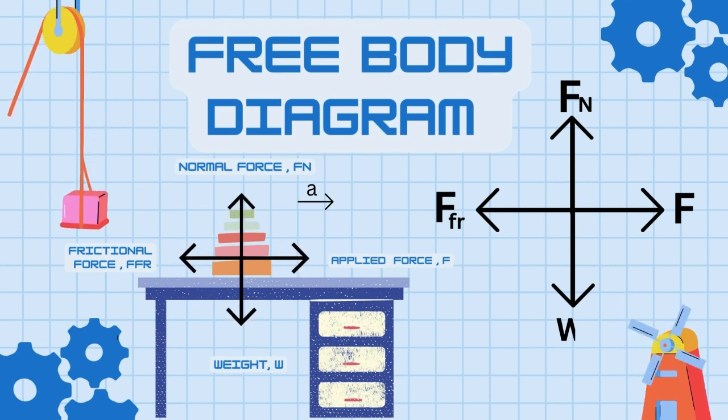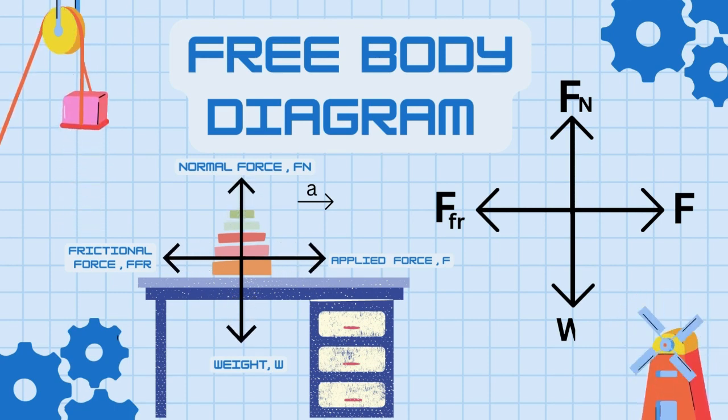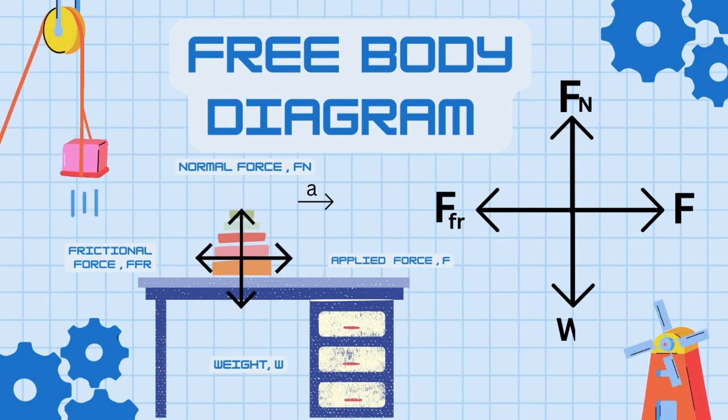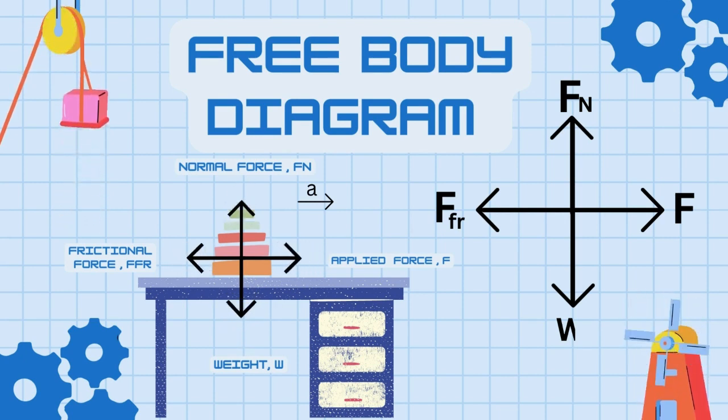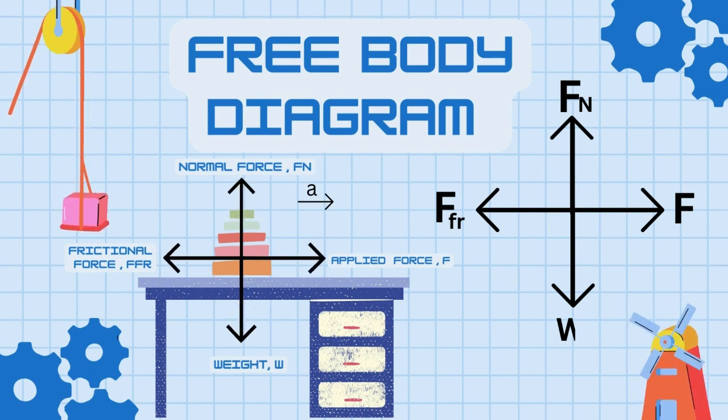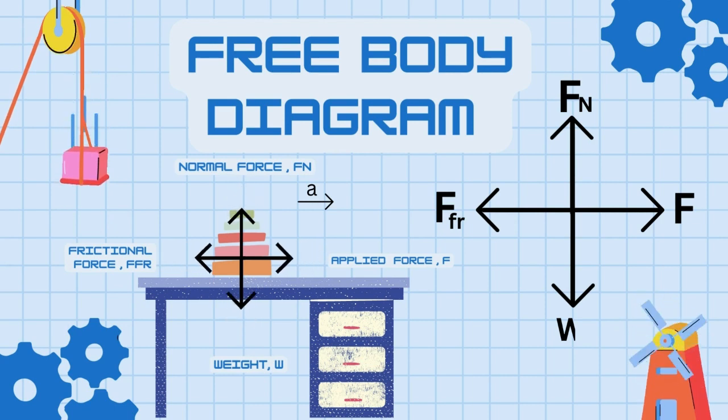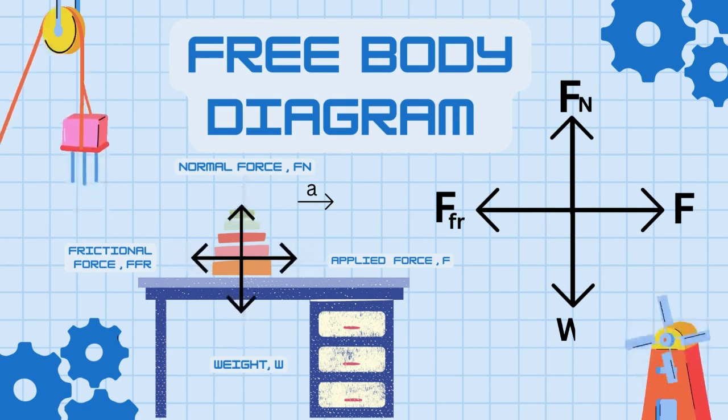Frictional force. Frictional force is the retarding force that resists motion of an object that is in contact with the surface. And the last one is weight. Weight is the force exerted on an object due to the attraction of gravity.